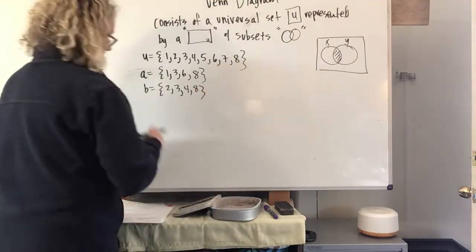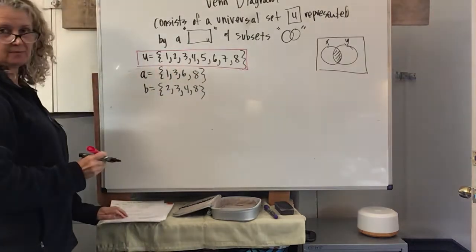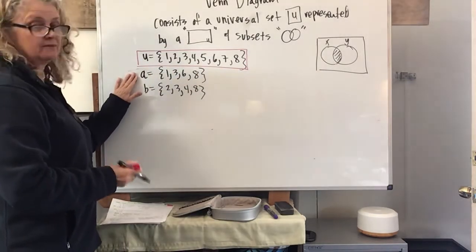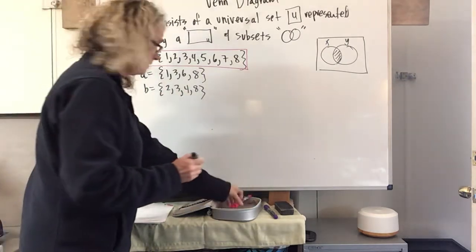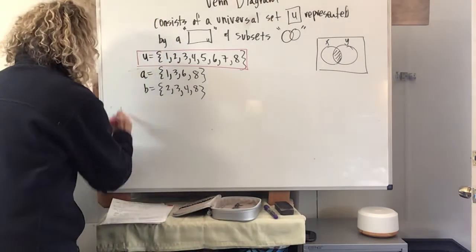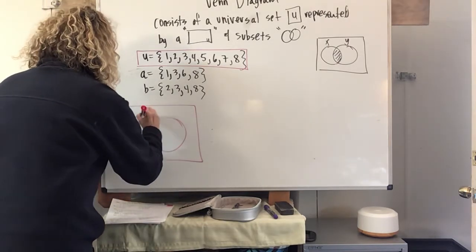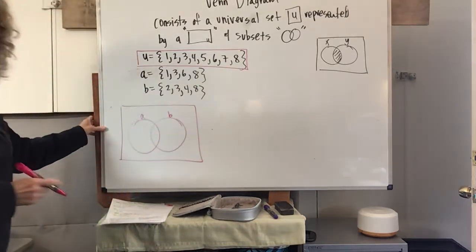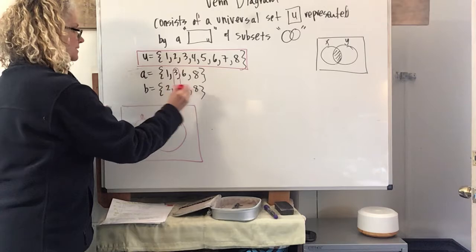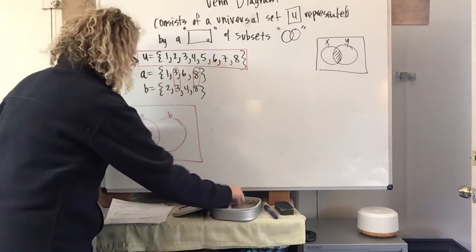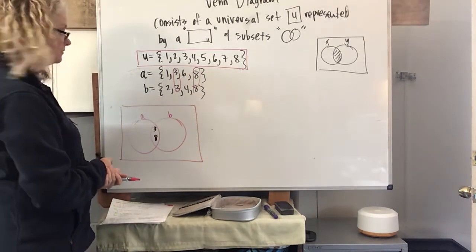What this means here is that the universal set is the collection of everything we're discussing in this problem. And then we are given sets A and B, and notice they have different elements and some elements in common. So we're going to start by making our Venn diagram. Noticing before we even start that the number 3 and the number 8 are in common, we're going to put them in this center overlapping region, meaning it's in both.